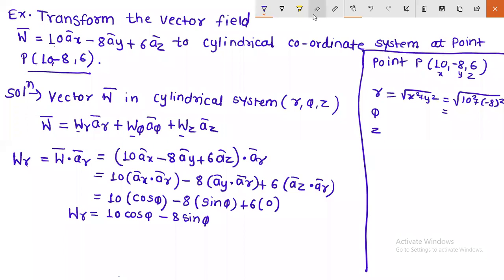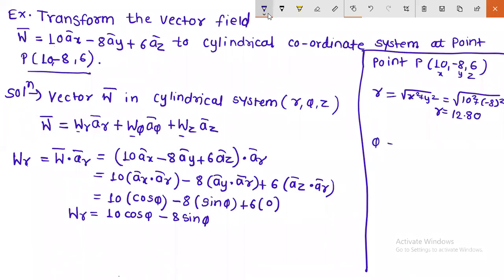What is r? It comes to somewhere around 12.80.